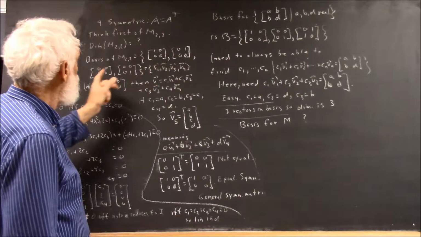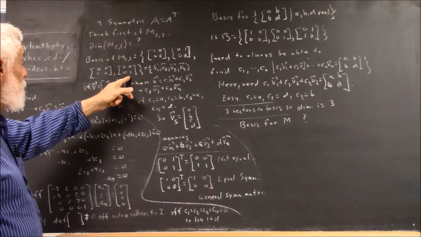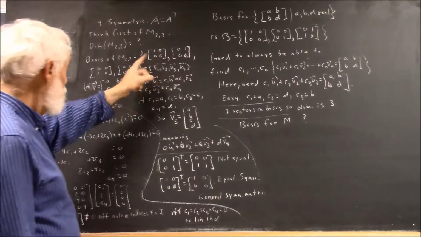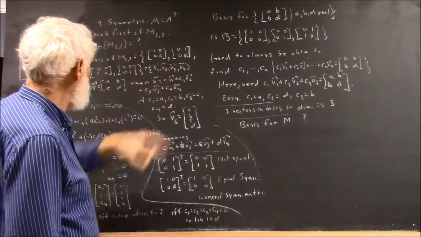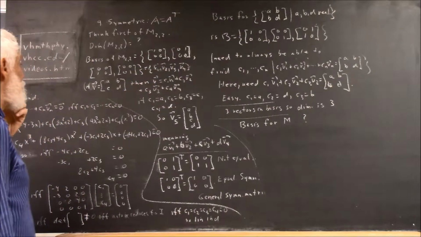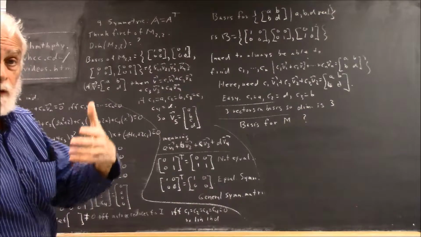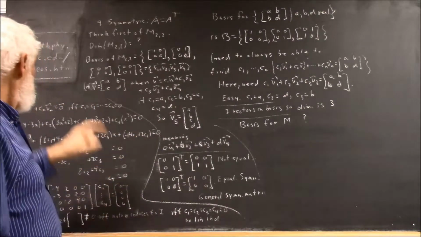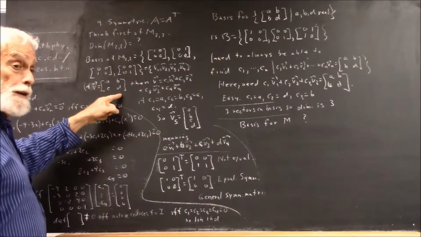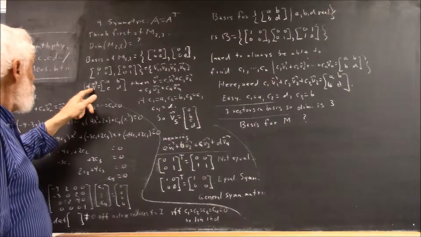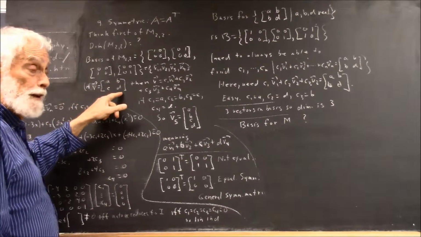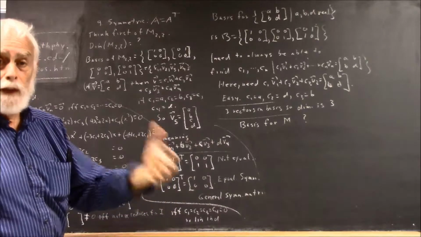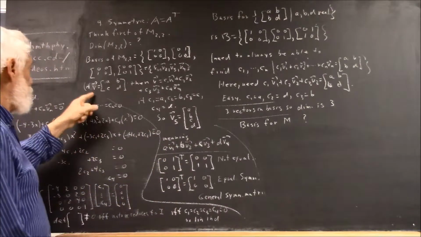If I have these 4 matrices as my basis, and those are going to be said to be in this order, the vectors V1 through V4, well, what's our general vector in M22? It's a general 2 by 2 matrix, so we could write that as just A, B, C, D. So if V equals A, B, C, D, now remember this is a vector, but it's not a vector in R2. It's a vector in the vector space M22, and it's a perfectly good vector.